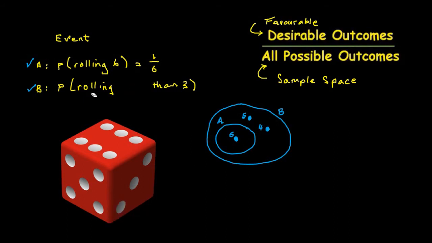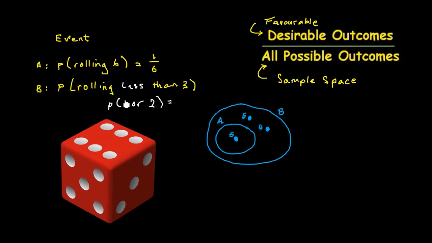If I erase this now and replace it, so we had more than 3, we're going to have now less than 3. Clearly less than 3 is 1 or 2, so we've got the probability now of rolling 1 or 2.